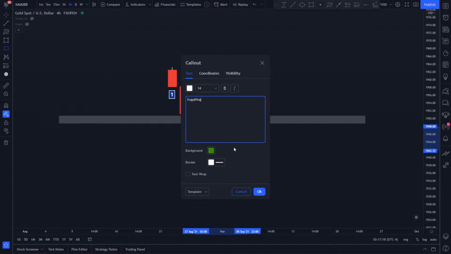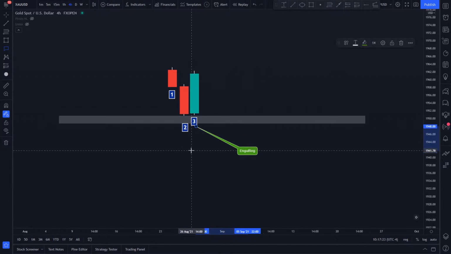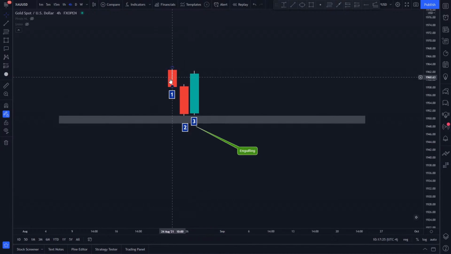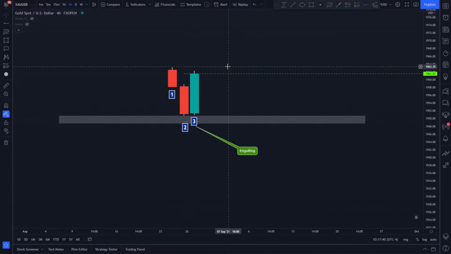So this is the actual engulfing candle, and these 2 are the 1, 2 bearish candles. And this is how we get our 1, 2, 3 engulfing candlestick pattern. And this is where I will enter my trades here, right?